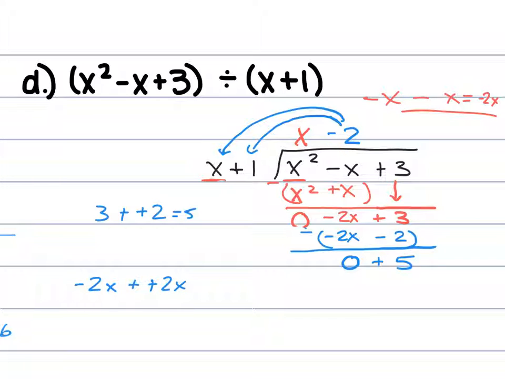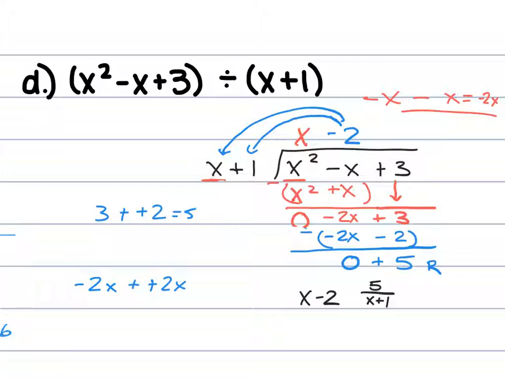So then I bring the 5 up there. What is the 5? The remainder. Now that we're at the remainder, we're done. We just need to know how to write the answer. It would be x minus 2 and then 5 over x plus 1.